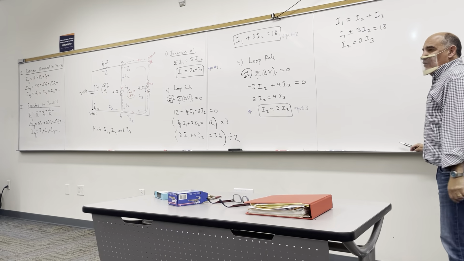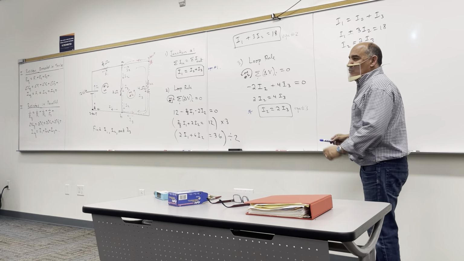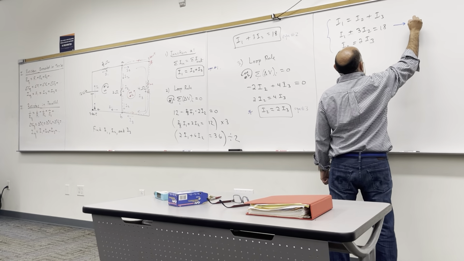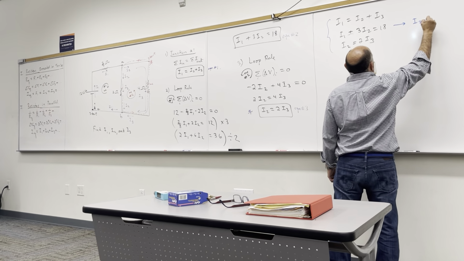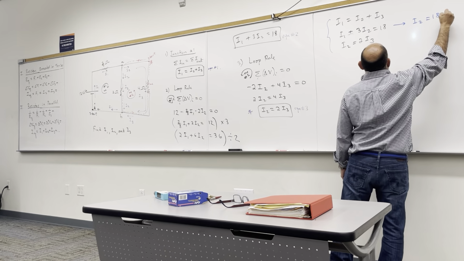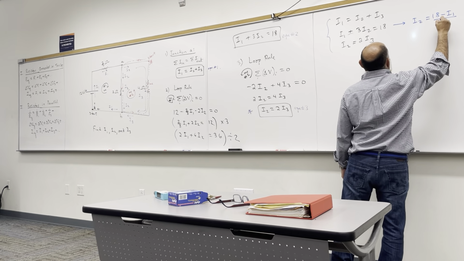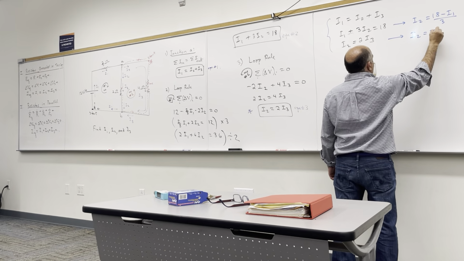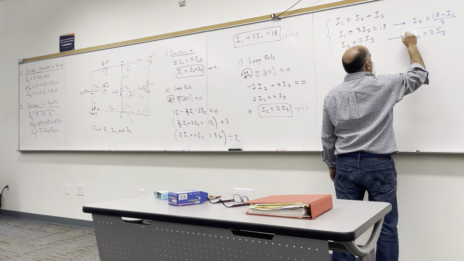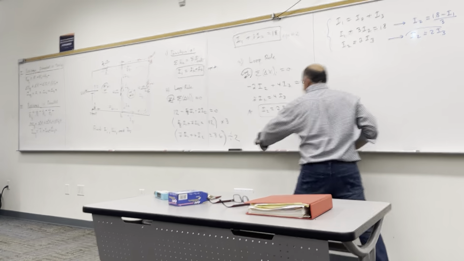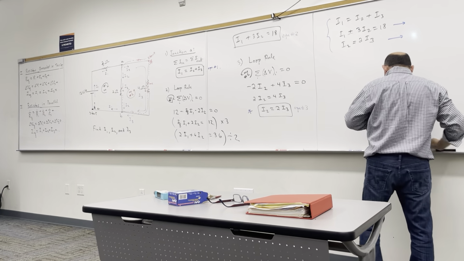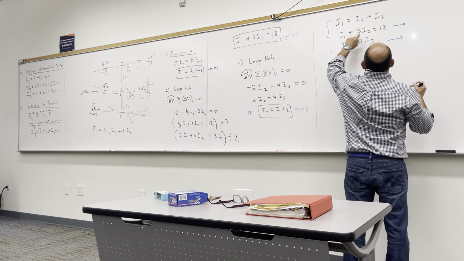Can you see that all of the 3 equations have I2 in them? So what if I solve for I2 over here? This is going to be 18 minus I1 divided by 3. And if I solve for I2 over here, it's 2I3. They all have I2, so I'm going to solve for I1.